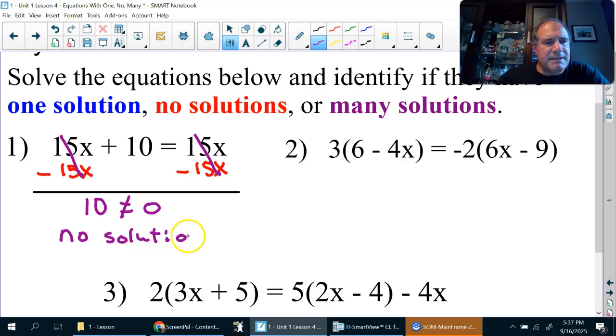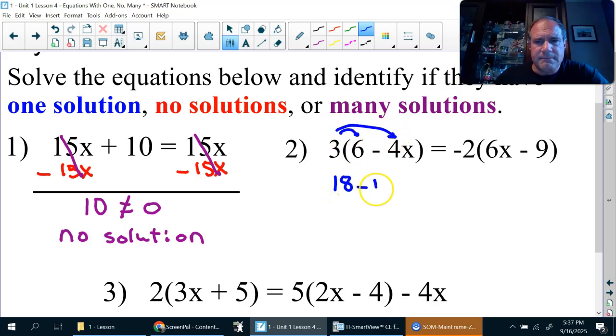And it makes sense, right? No solution because 15x plus 10 can never be equal to just 15x. So think about that. All right, so we have 3 times 6 and 3 times negative 4. 18 minus 12x equals, and we're going to go negative 12x.